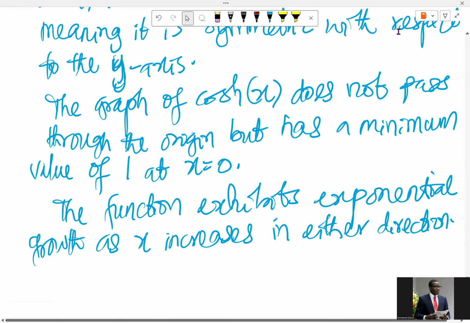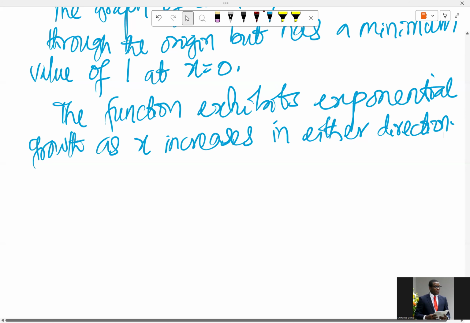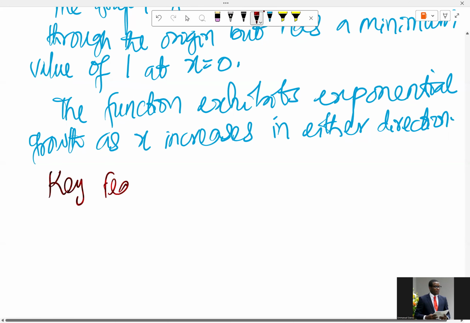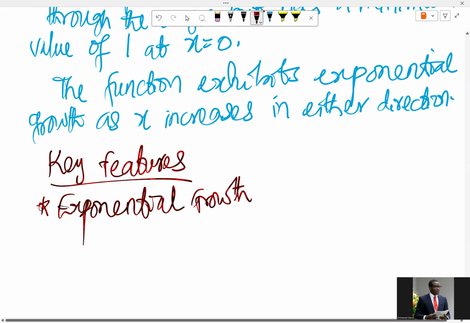So the next thing we want to talk about is the key features. First of all, we've always talked about exponential growth. Both of them have exponential growth.